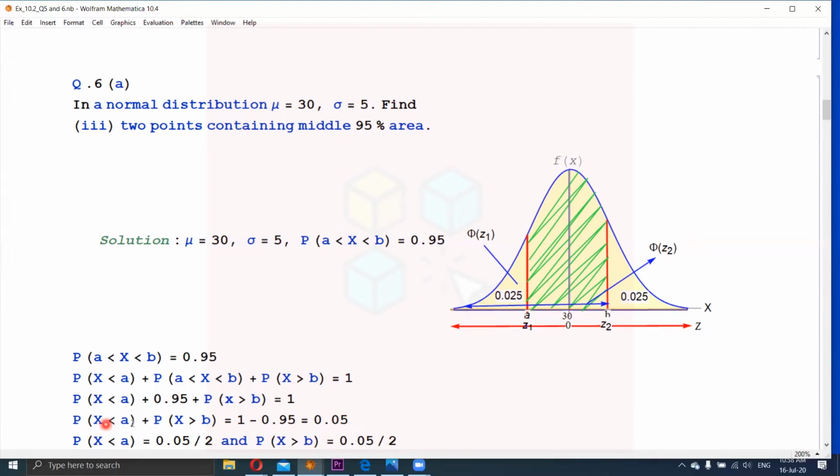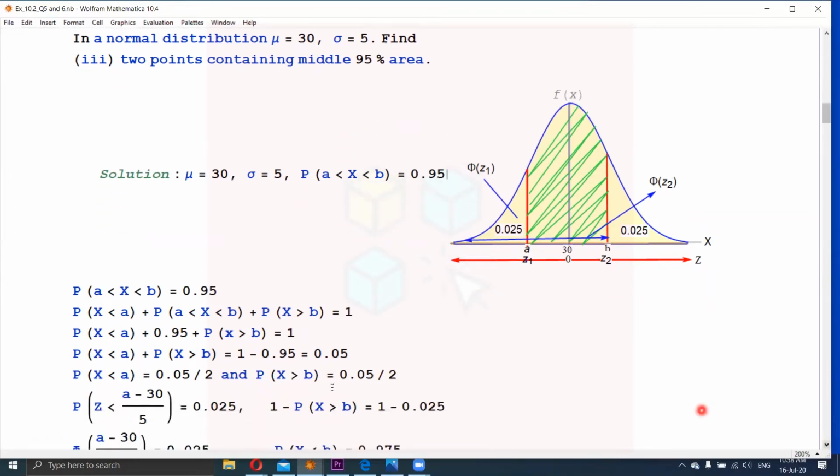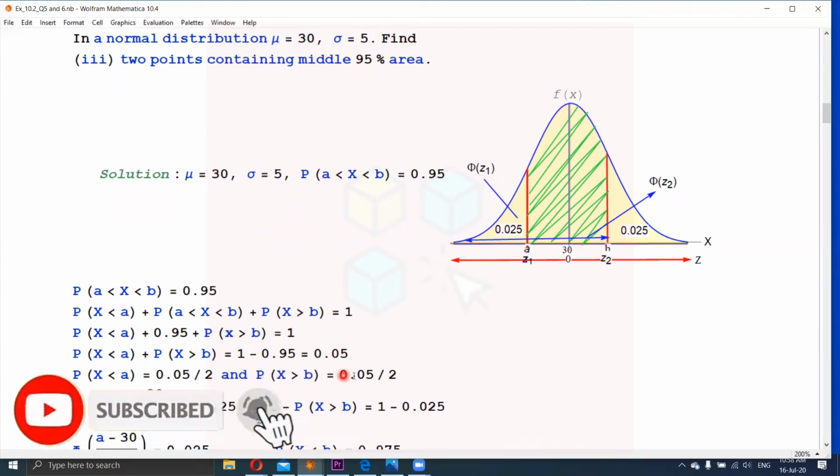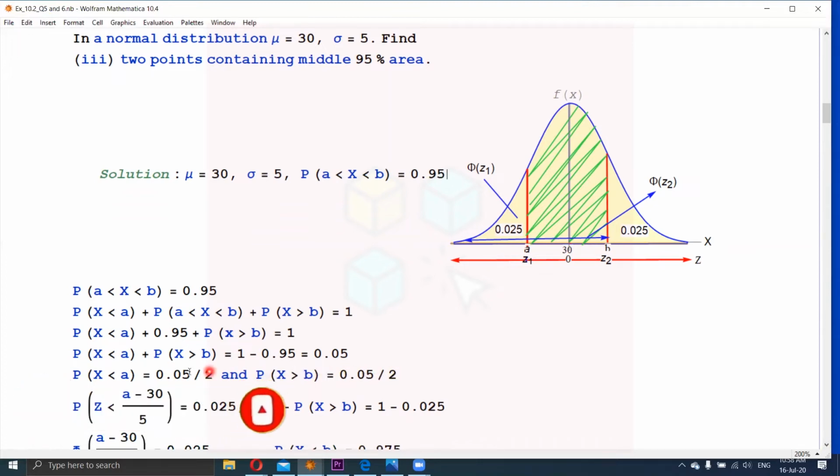Now we will write these in two equations. First, probability X less than A is 0.05 divided by 2, and the other equation is probability X greater than B is equal to 0.05 by 2. Both are giving us 0.025.